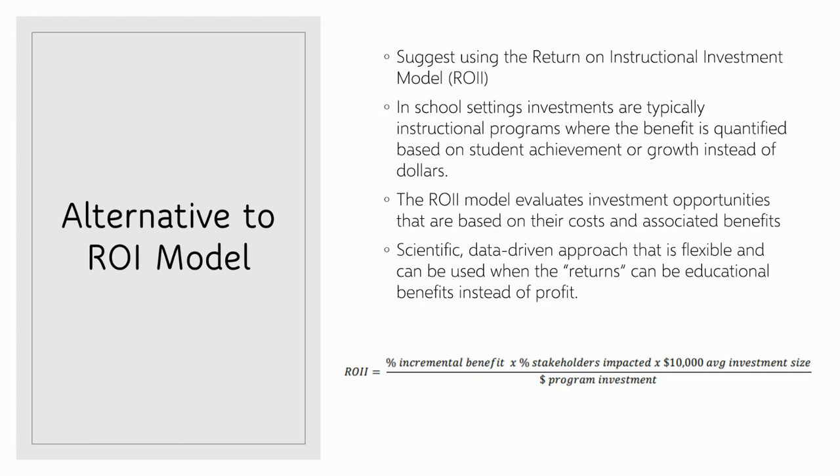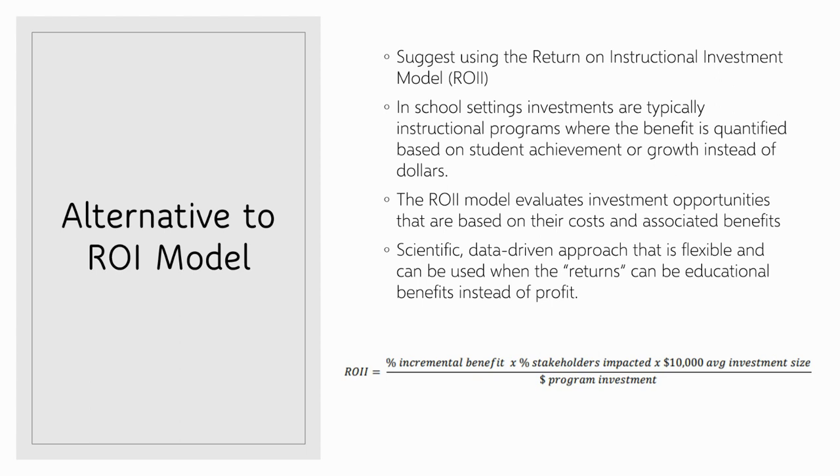First, we see the percent incremental benefit. This is equal to the percent difference in results between a control and experimental group. Next, we see the percent stakeholders impacted. This is equal to the percent of target school stakeholder groups that are impacted by the program throughout the year. Next is the $10,000 average investment size.